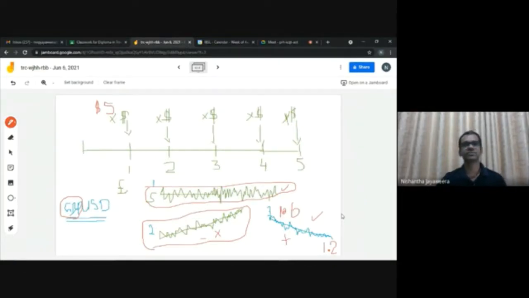What they want to do is convert this $5 million into sterling Y amount and make it fixed everywhere.